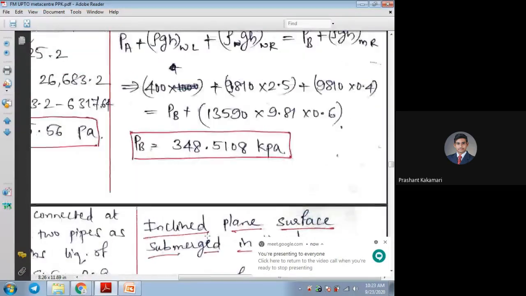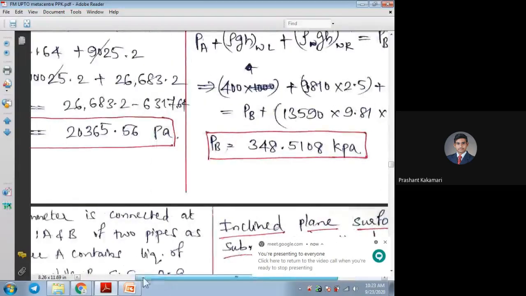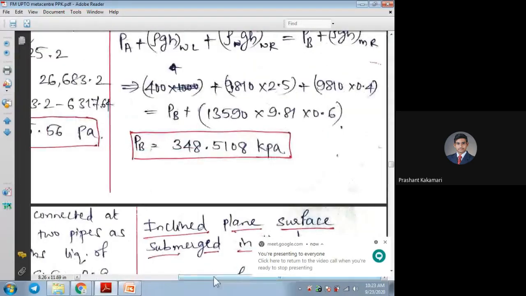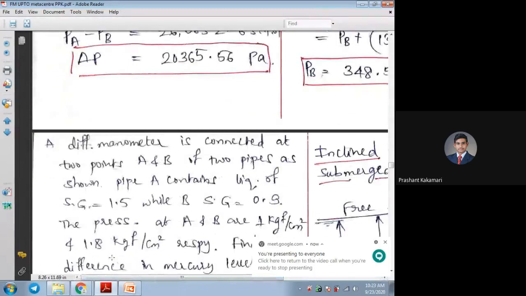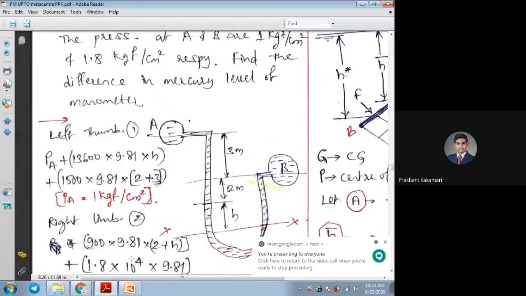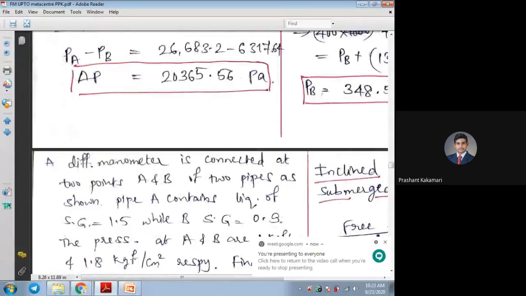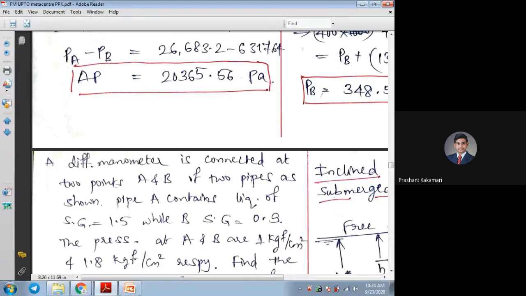Okay. So I think we'll take another problem with analysis. We'll solve exactly what is given, and later we'll go for the study of inverted and compound manometer. So that I will just explain. You can just follow the procedure and the concept should be clear.